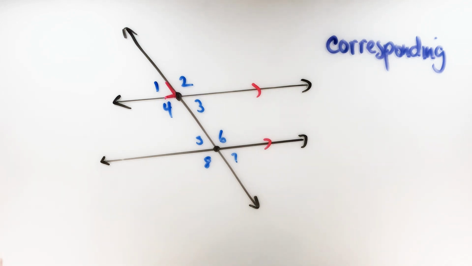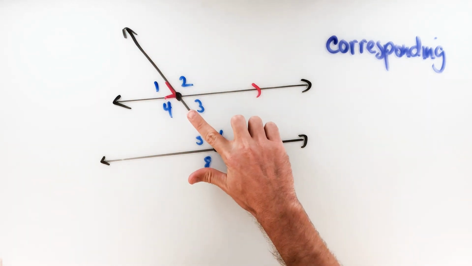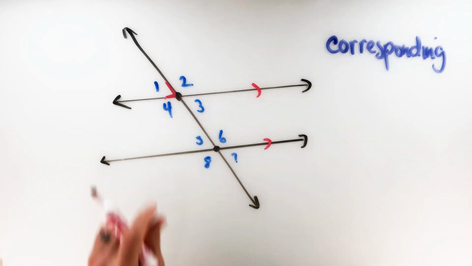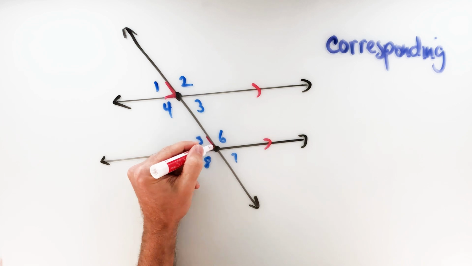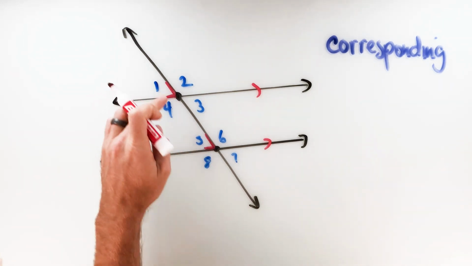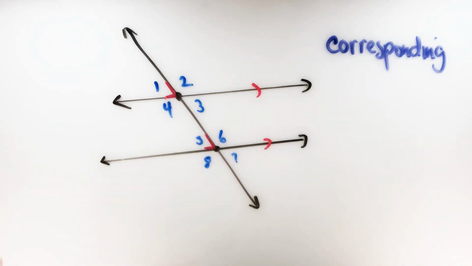If I took that angle and slid it down onto the other intersection, what angle would it land on? It would land right on angle 5. So this is an example of what it means for 2 angles to be corresponding. They're in the same position at each different intersection.